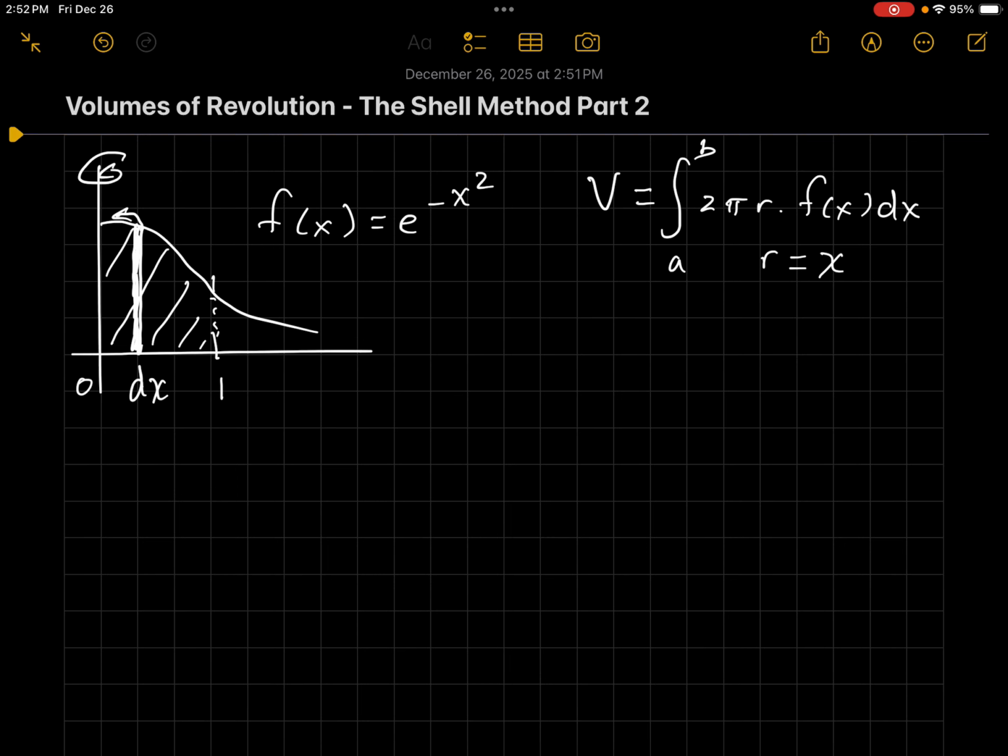So I know that the volume will be the integral from 0 to 1, because those are the limits that I've chosen. I know that the radius of this cylinder is going to be x. And then the height of the cylindrical shell will be the function height, e to the negative x squared, and then dx gives it the third dimension.